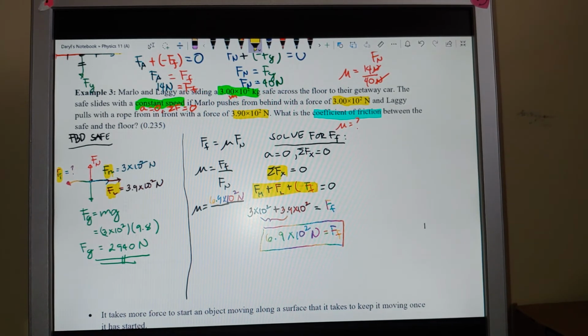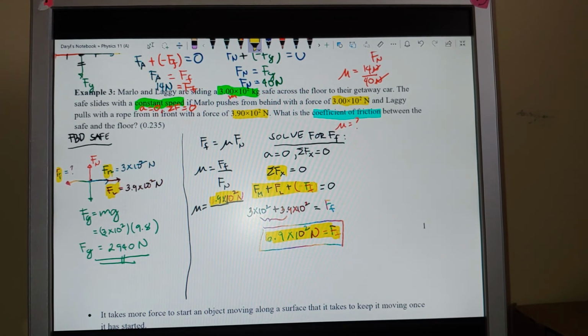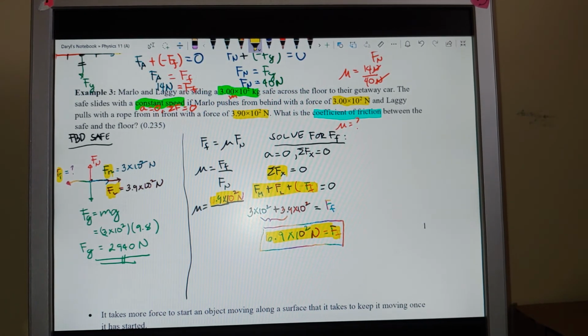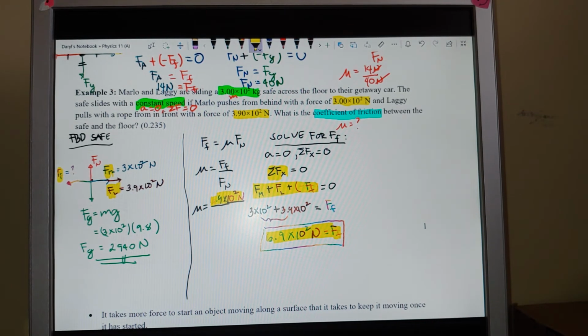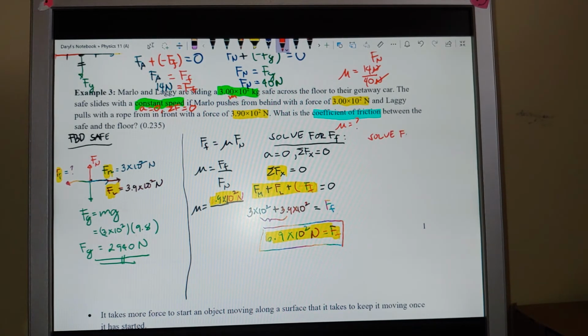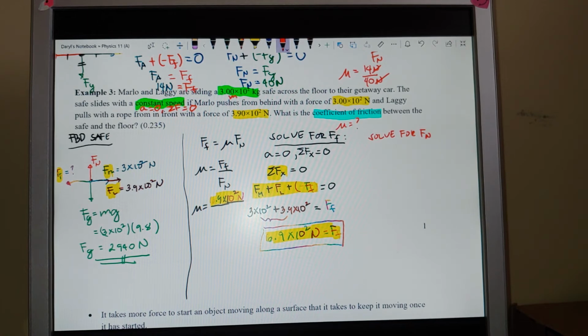At least in that particular case, we already determined the magnitude of our frictional force. However, in order for us to solve for mu, we need to solve for Fn, or the normal force.